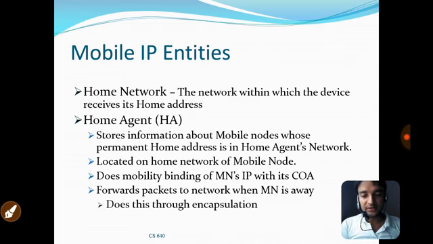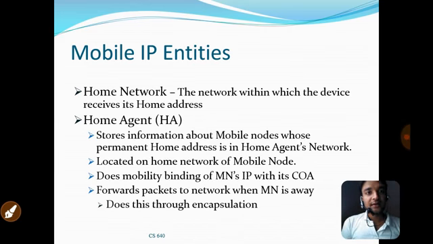So when a person with whom you are communicating tries to send a message or chat or anything to your home IP address, then your home network knows the care of address because the foreign agent has sent that care of address to your home network. So your parent, your home network, knows where you are by using that care of address. So they will forward the same packet to that care of address. In this way, you will be able to chat to that node.